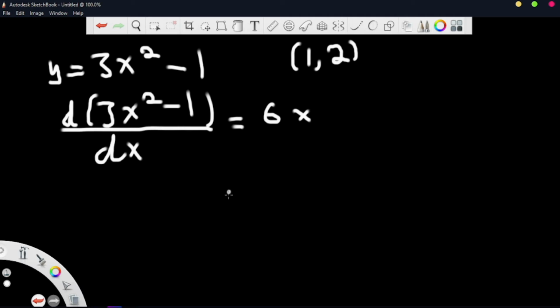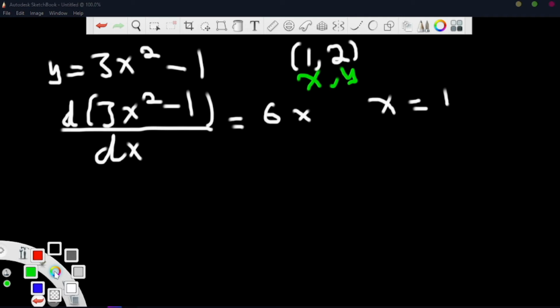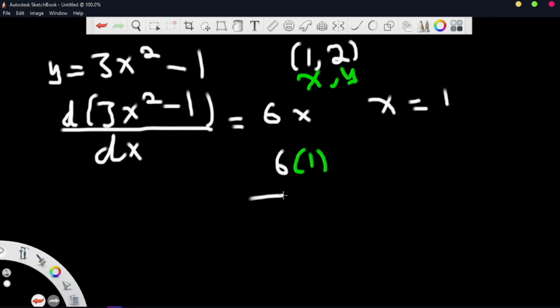And then notice that this is at my point where my x is equal to 1, because we know according to coordinate geometry, this is x, this is y. So what I'm simply going to do is write my 6, and then basically multiply it by my 1. So then my gradient at that point, where my x is 1, is 6.